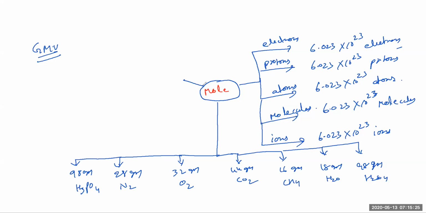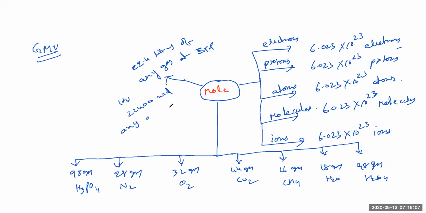That means a mole can be expressed in terms of 22.4 liters of any gas at STP, standard temperature pressure, or 22,400 ml or cc of any gas at STP.